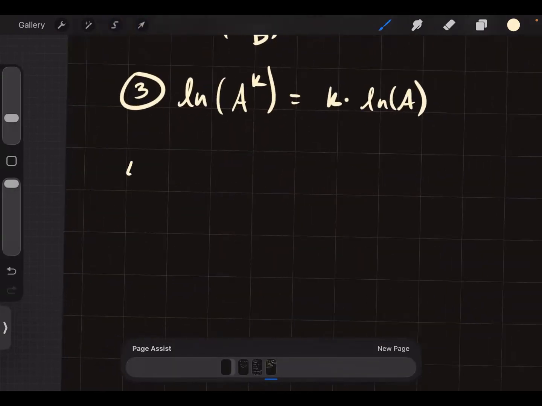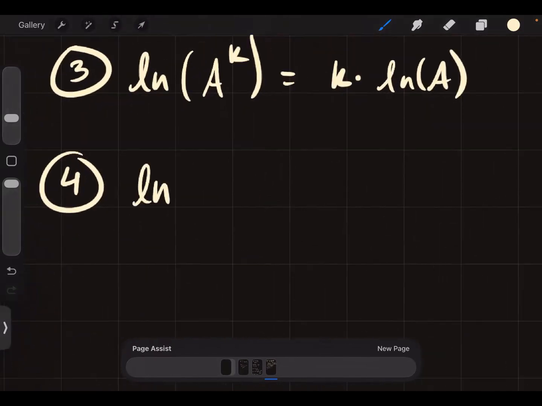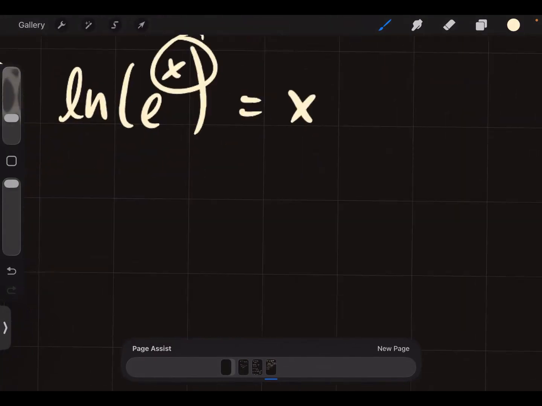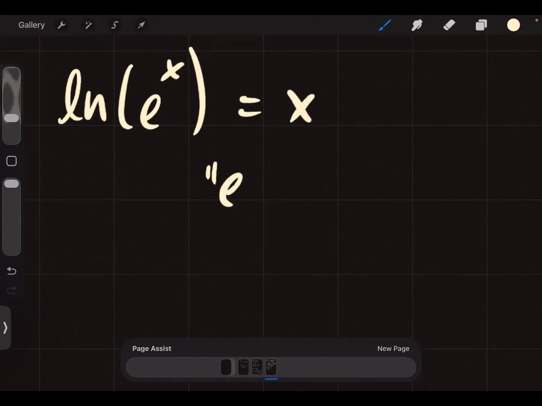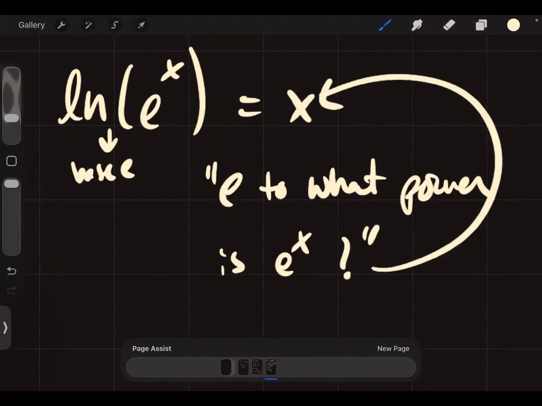The fourth rule we'll be looking at is ln e to the x equals x. That makes a lot of sense. We're saying e, because that's the base, to what power is e to the x? Surely it's x.